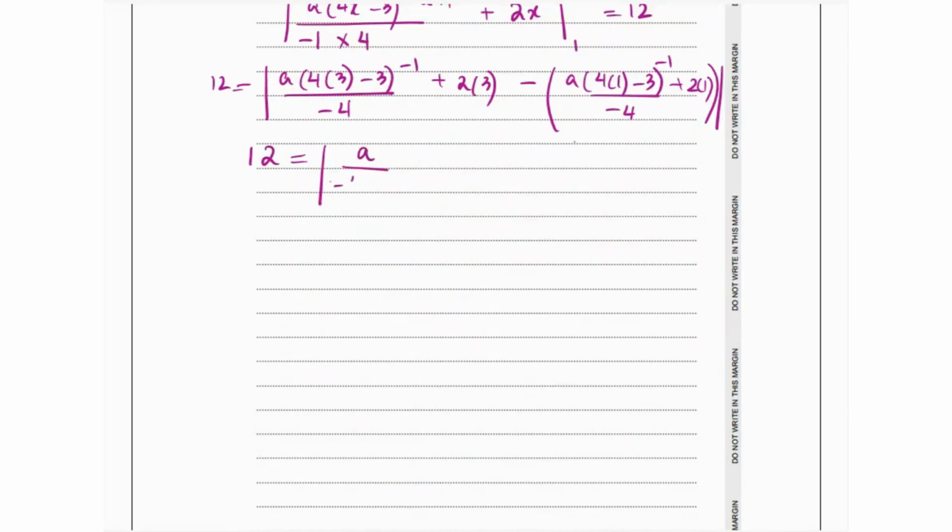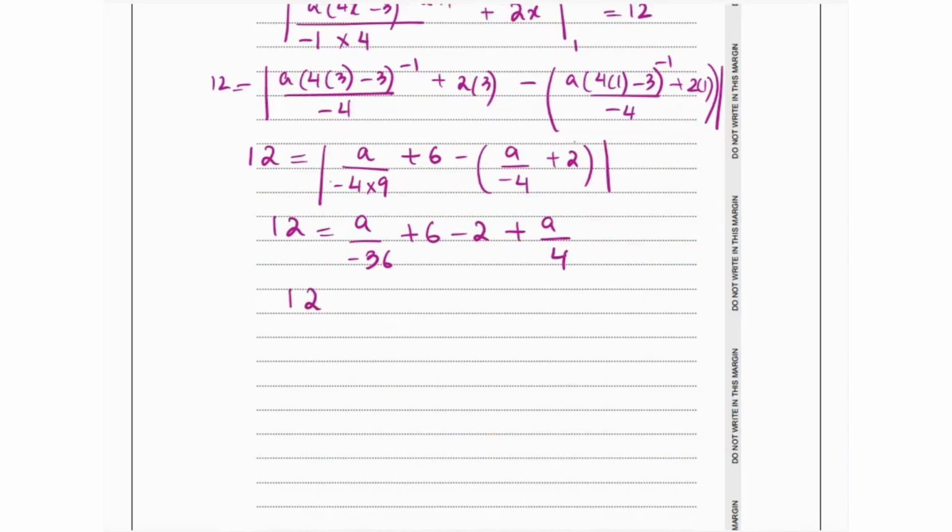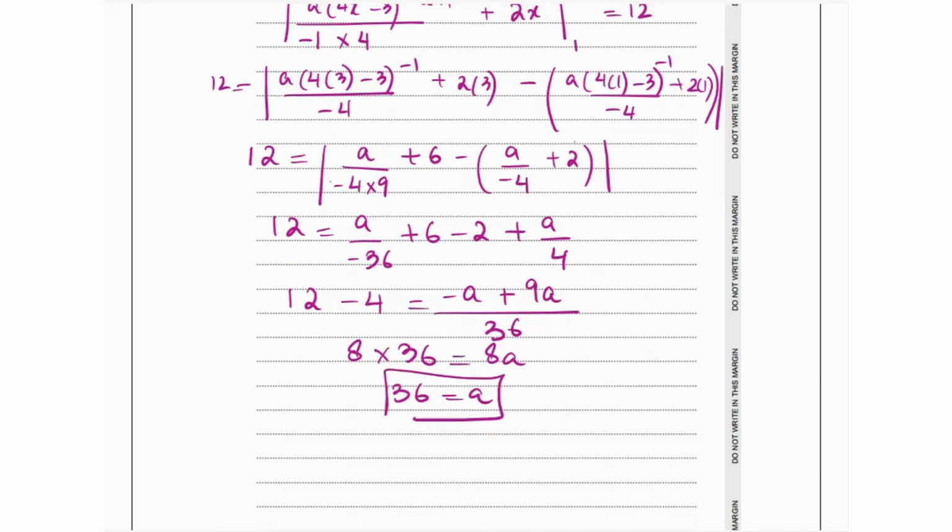So a over -4 times 9 plus 6, minus, 4 minus 3 is 1, a over -4 plus 2. a over -36 plus 6 minus 2 plus a over 4. 12 minus 4 equals 36 minus a plus 9a. 8 times 36 equals 8a. 36 equals a. That is your value of a.